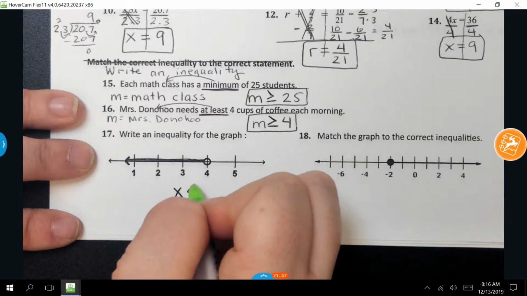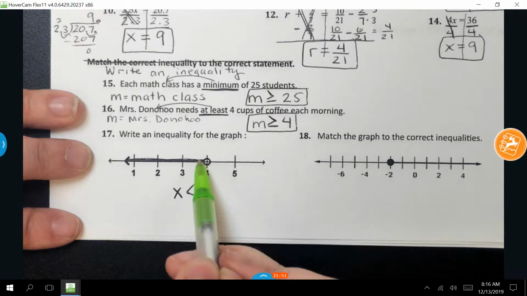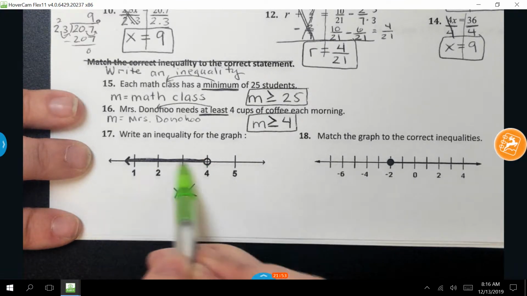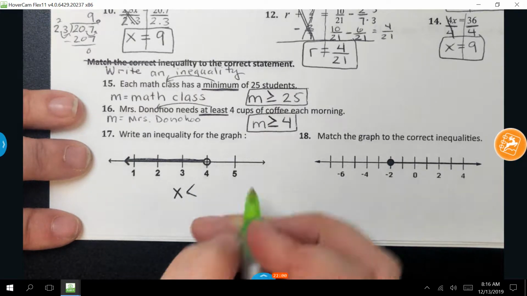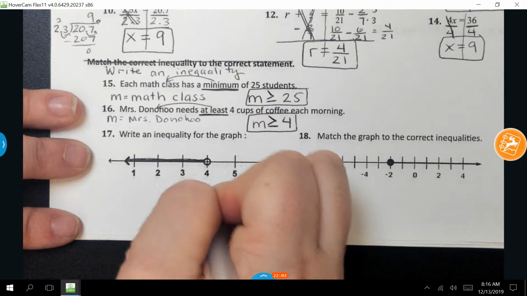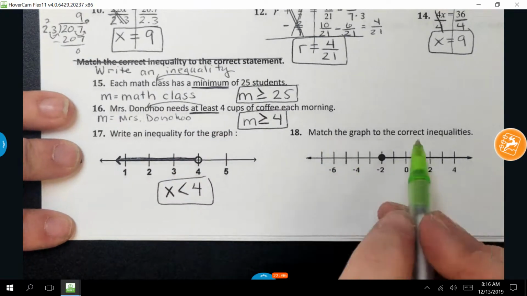Less than. We're not going to have the equal to bar because it's open. And if you'll notice, the less than symbol is pointing to the left. And then what number are we talking about? 4.